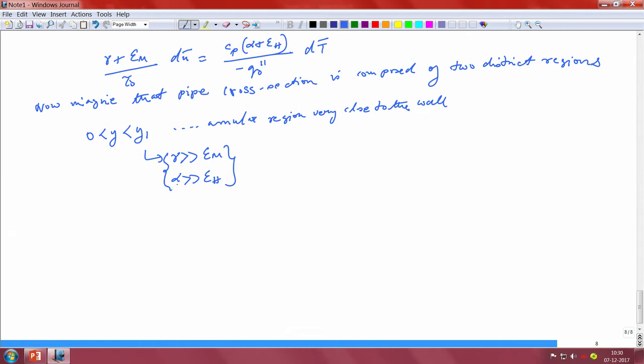These are the two things that are valid in that particular region.